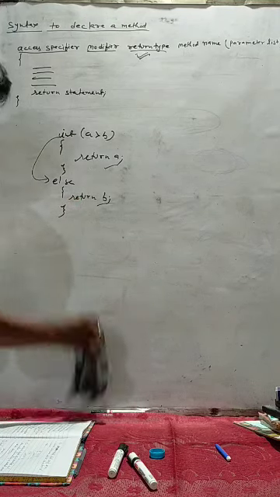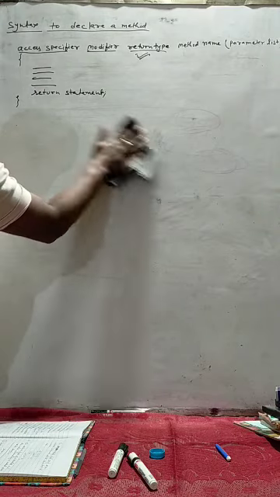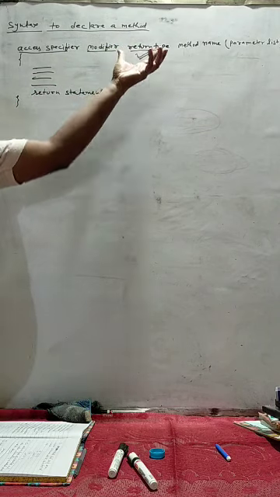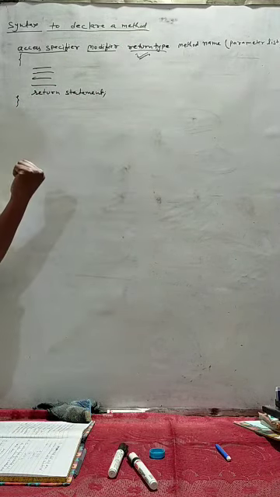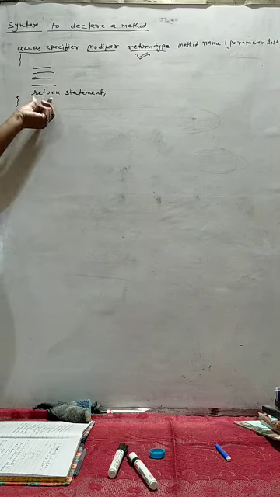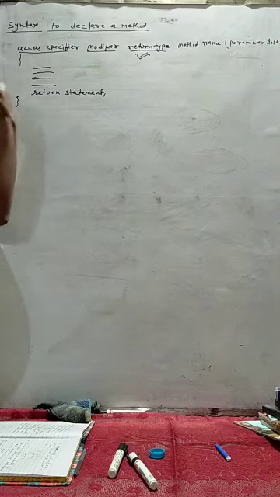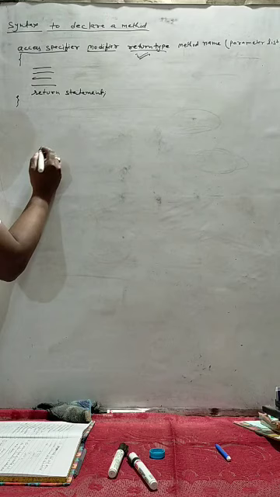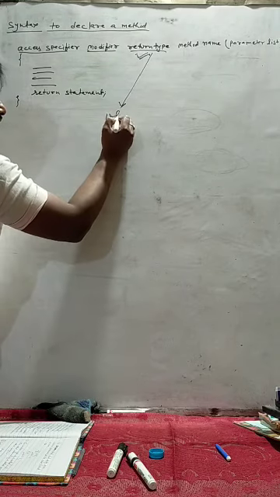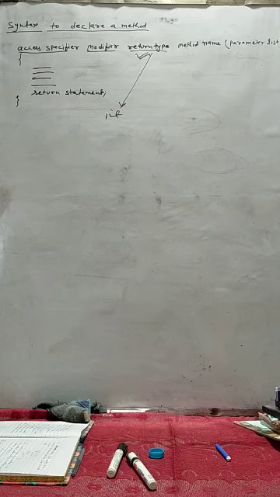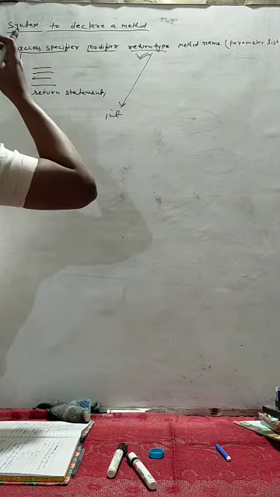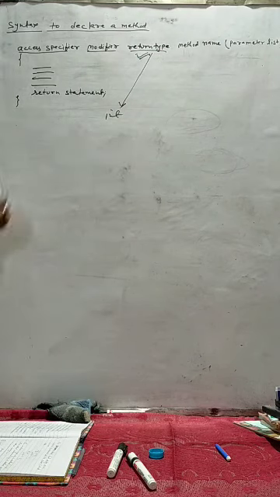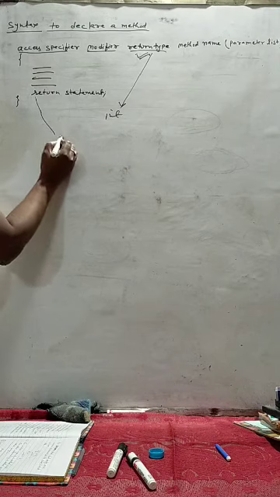Okay, and the last condition is very important. See, we have a return type. Return type means the type of value that a function will return to its caller, and the return statement sends back the result to its caller function. So suppose the return type is int, means integer. Return type is specified as int, means the function returns an integer value as a result, and we are returning from here a double value.